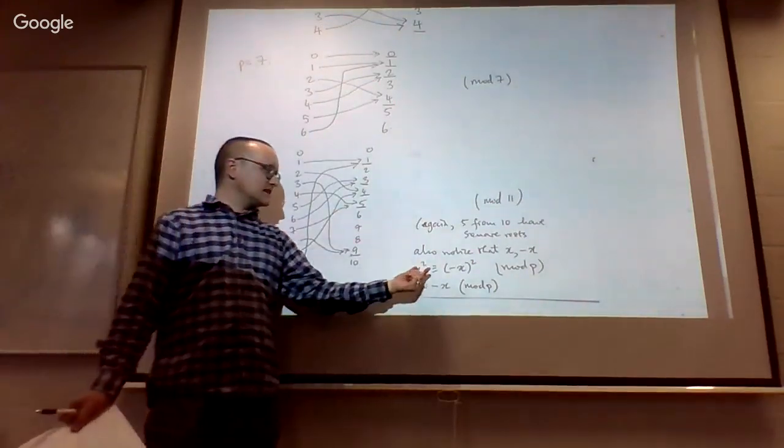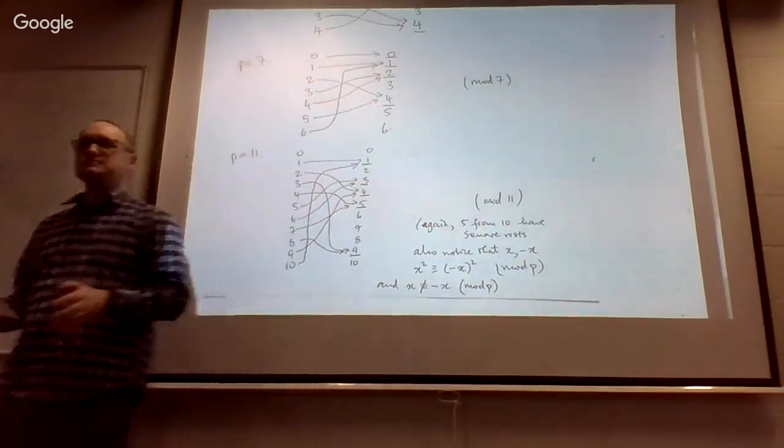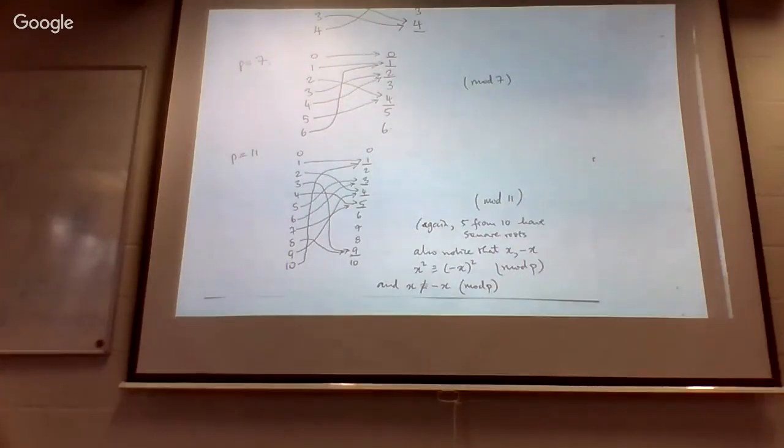And because x squared is congruent to minus x squared, it also picks up a second square root.